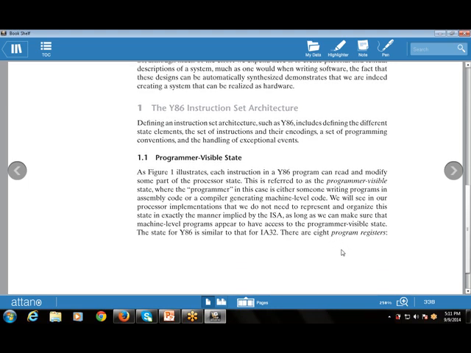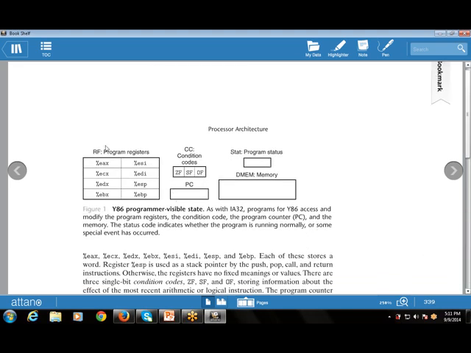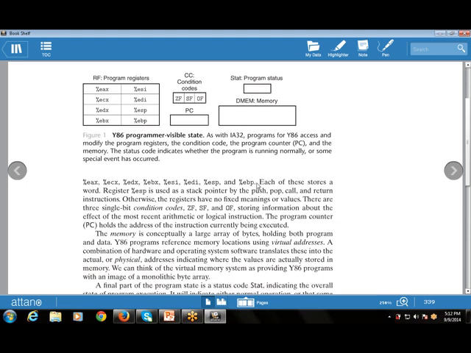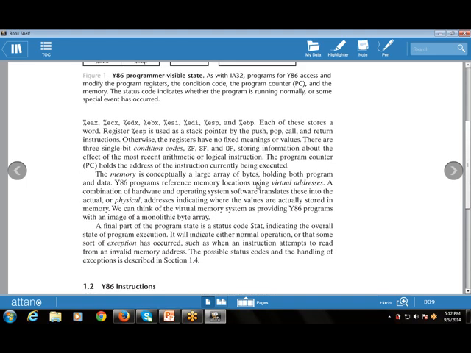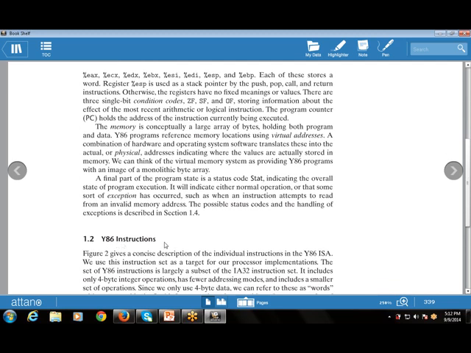There are 8 program registers. The state for Y86 is similar to the state of IA32. These are the 8 registers which I told you: EAX, ESI, CC, PC, program status, memory. As I told you, there is an exception. Then the Y86 instructions are covered, so many instructions like move instruction, jump instruction, arithmetic logical instructions.